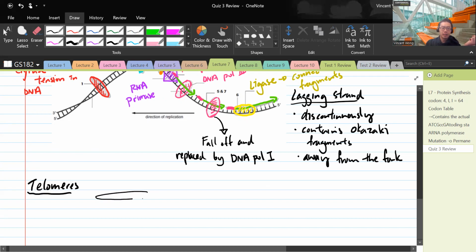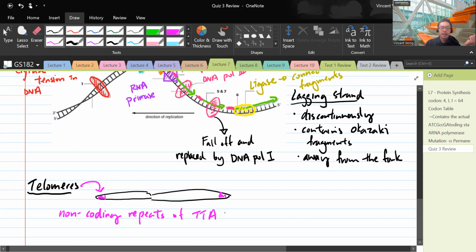So at the end of your DNA, of your chromosome here, for example, you will have the telomeres at the end, okay? So they are non-coding repeats of TTAGGG, and their function is to protect chromosome ends.